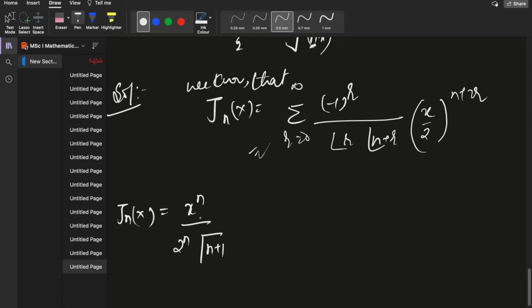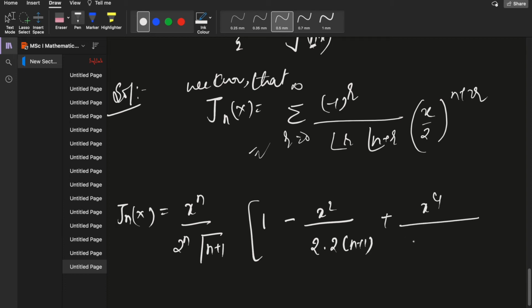So we had taken (x upon 2) to the power n upon gamma function n plus 1, times the series 1 minus x square upon 2 dot (2n plus 2), plus x to the power 4 upon 2 dot 4 dot 2 to the power 2 dot (n plus 1)(n plus 2), minus and so on.